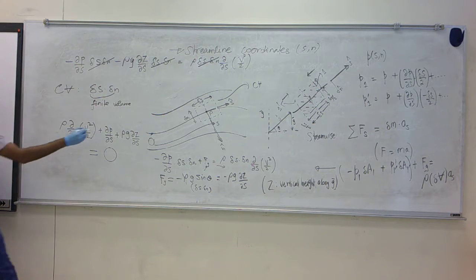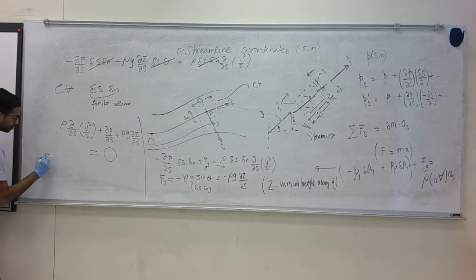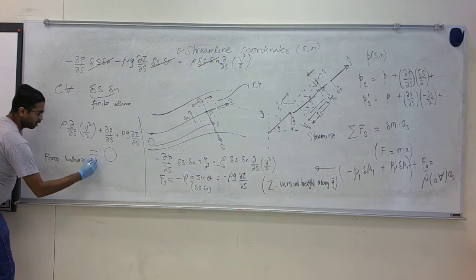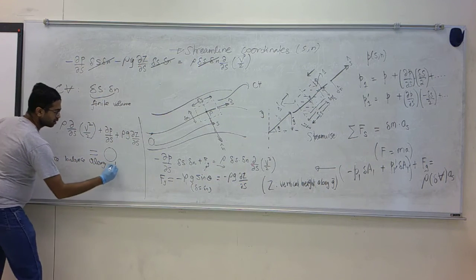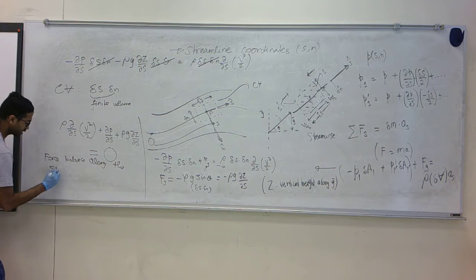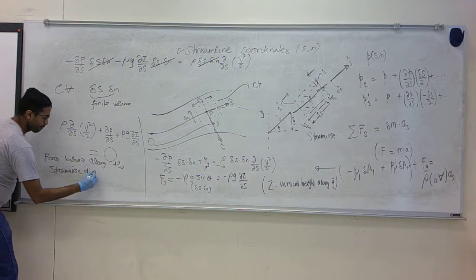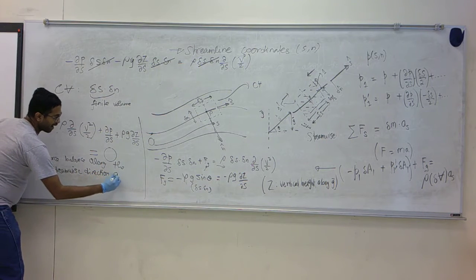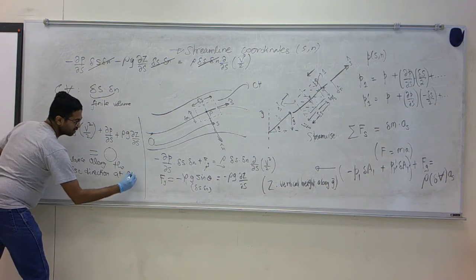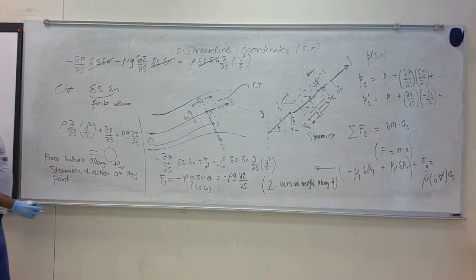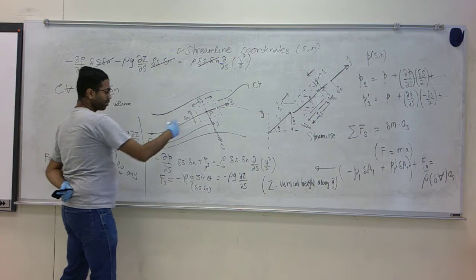What this equation is, this is a force balance along the streamwise direction at any point. This choice of P is arbitrary. Okay?